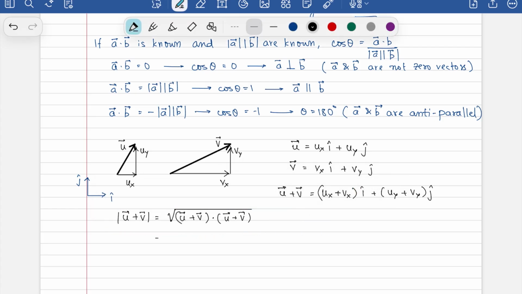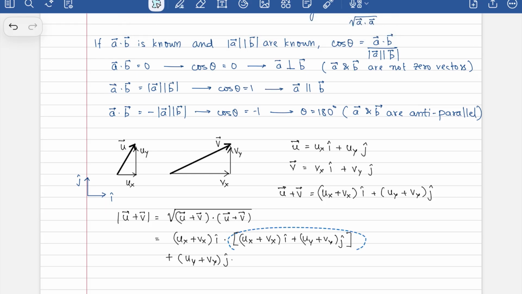If you were to do the dot product, you then get (ux plus vx) I hat dot (ux plus vx) I hat plus (uy plus vy) j hat, plus you have the same thing from the y direction, that's (uy plus vy) j hat dot, and then the same thing, right? So this is like the distributive property.